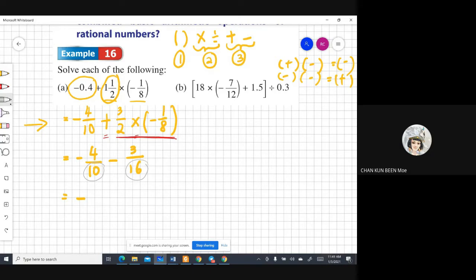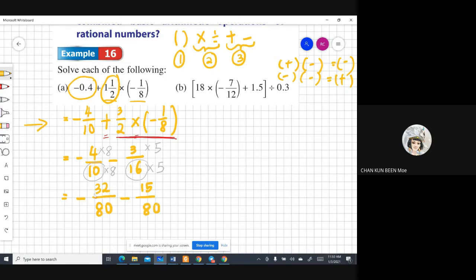Both can be changed into what number? So you are going to multiply this one by 8 so that you get 80. This one I'm going to multiply by 8 also. 4 times 8, 32. What about the next one, 16? How do I get 80 from 16? I multiply by 5. So this one multiply by 5. 3 times 5, 15. 5 times 16, we get 80.